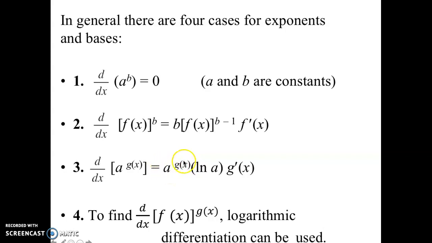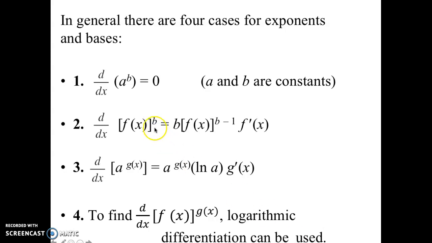It would be itself times the natural log of its base, and then multiplied by the derivative of that inside function g of x incorporating the chain rule. Now, the 4th scenario down here, however, we do not have a rule for this. To find the derivative of a function raised to a function, we have to use logarithmic differentiation. We have no rule that we can use for this case.